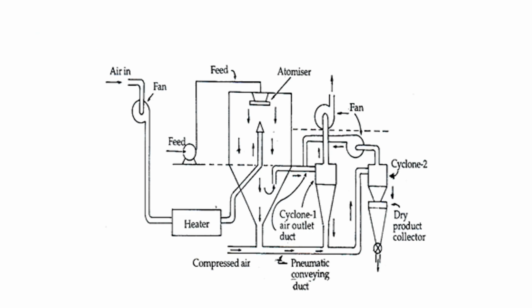So this is the schematic diagram of spray dryer. We have the feed that is pumped, then it goes to the heater, then to the chamber, and there is an atomizer.